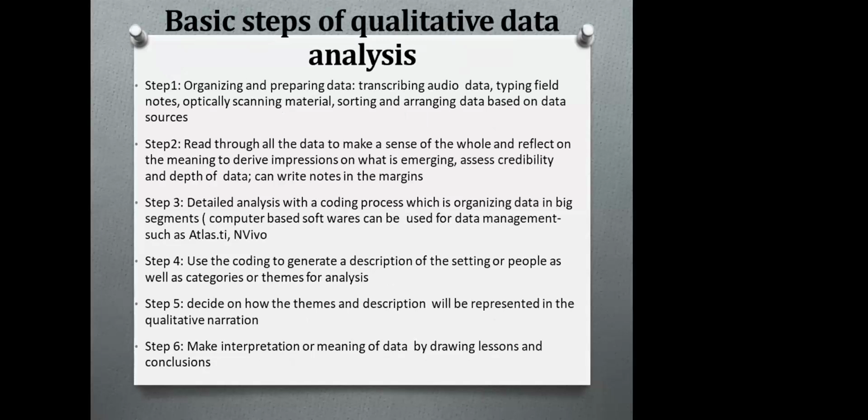So the process in terms of analysis: we want to assume that you have been to the field, you have collected data, perhaps you've had 10 in-depth interviews, 3 focus group discussions, and perhaps 10 key informant interviews. So how do you go about the process of analysis?